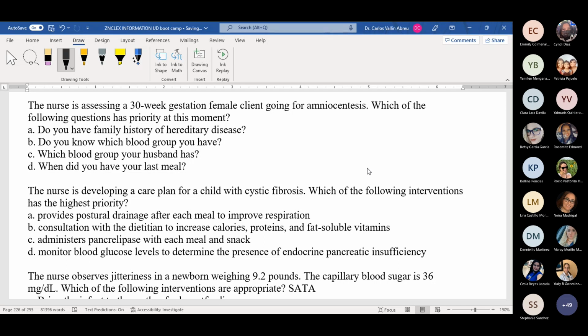Why? Because the amniocentesis that is diagnosing a chromosomic or genetic, severe condition needs to be done at a moment in which interruption of the pregnancy is possible. It makes logic.